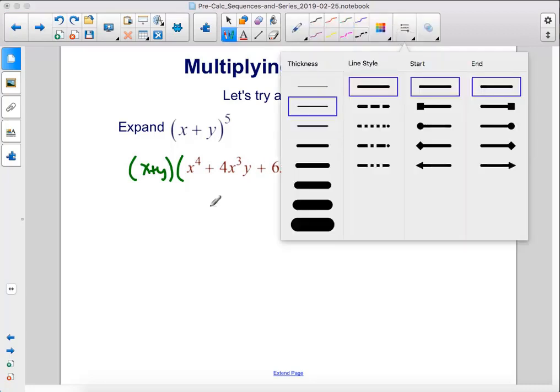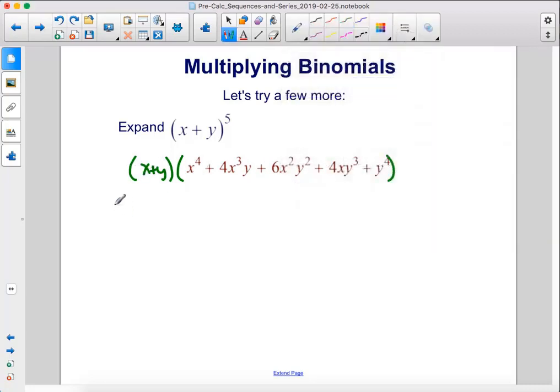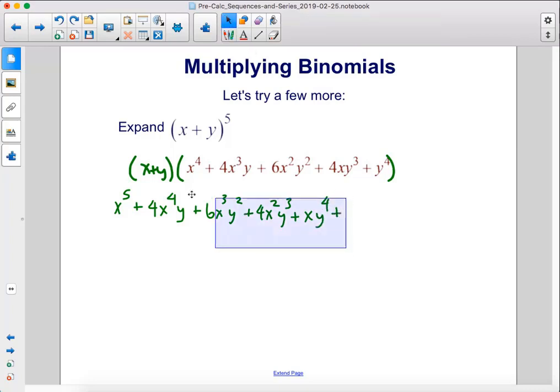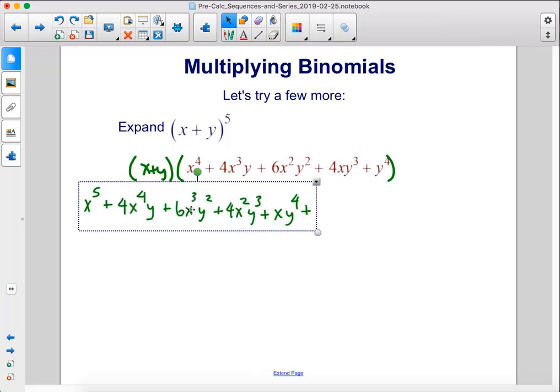So x times x to the fourth is x to the fifth plus 4x to the fourth y plus 6x cubed y squared plus 4x squared y cubed plus xy to the fourth plus, now we're going to multiply each term here by y.